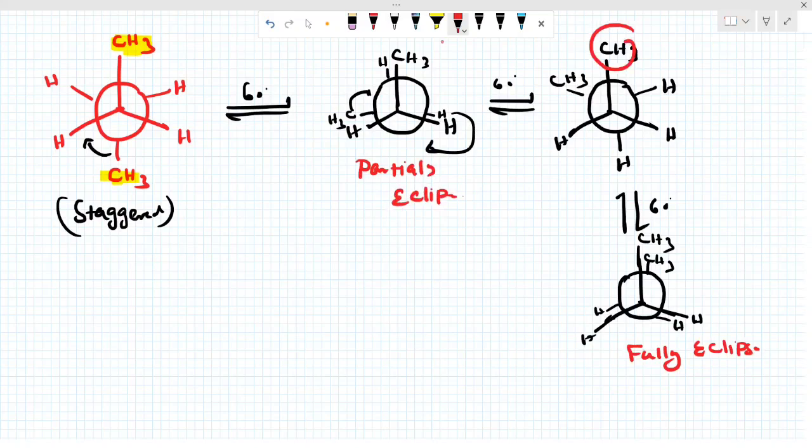Now two CH3 groups at an angle of 60 degrees, they call the gauche form, or some people call it the skew form. Therefore, butane can exist in how many forms?